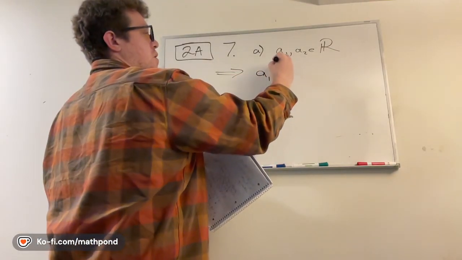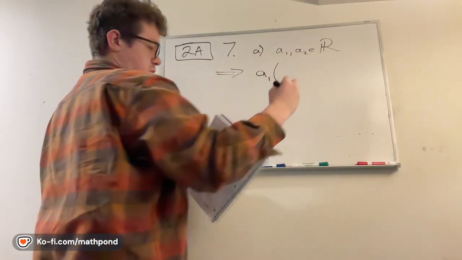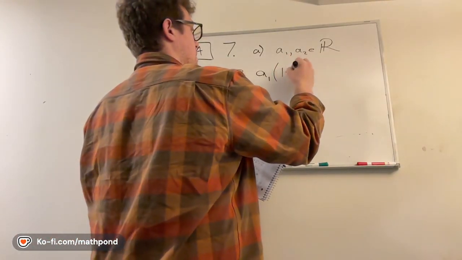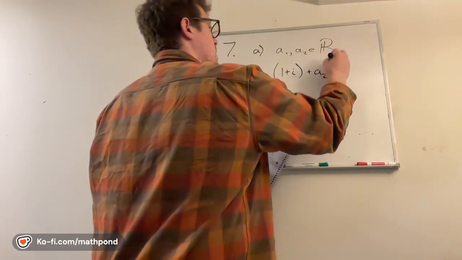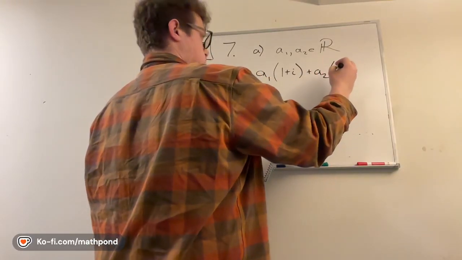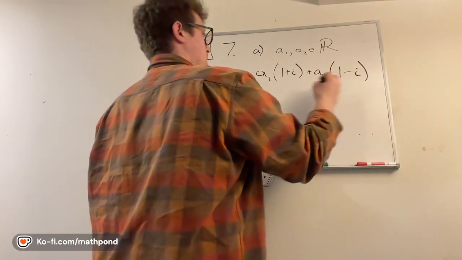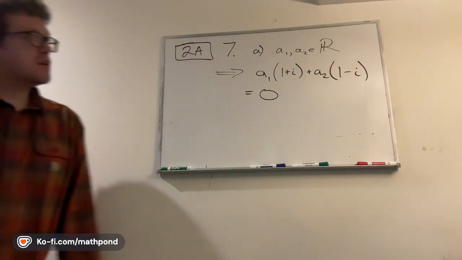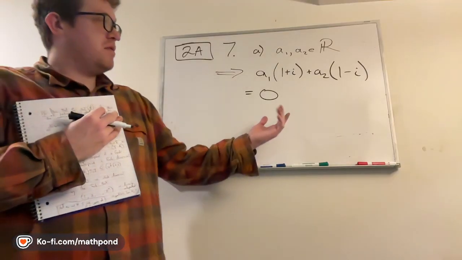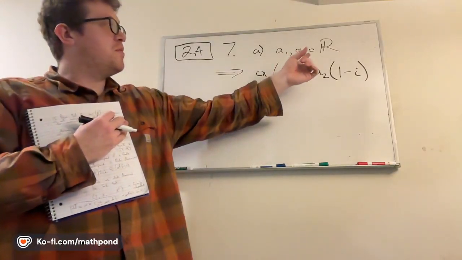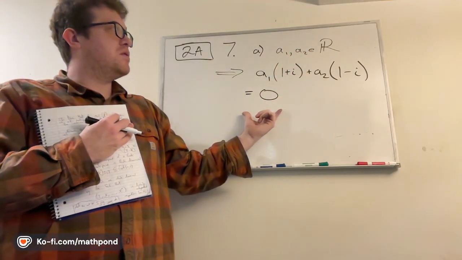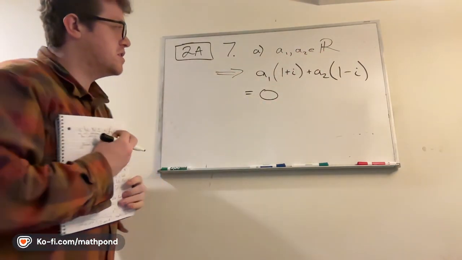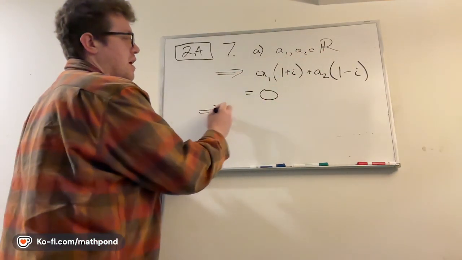So it was a1 times (1 plus i) plus a2 times (1 minus i) equals 0. Showing that these are linearly independent is going to depend on these being real numbers. So let's try to see where that shows up.